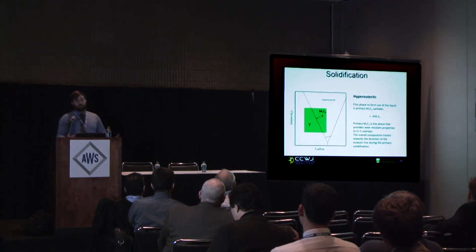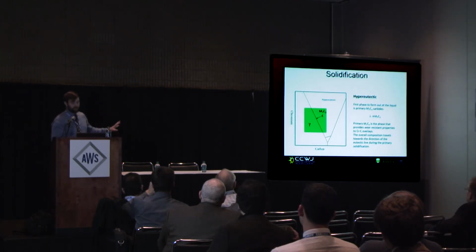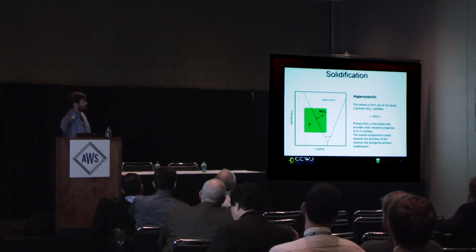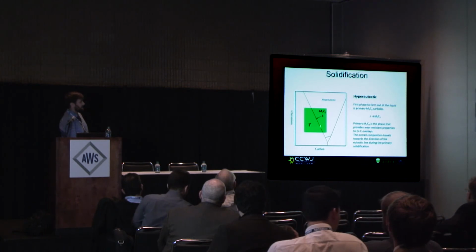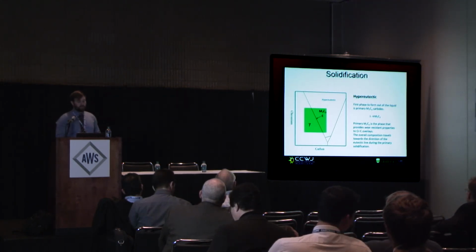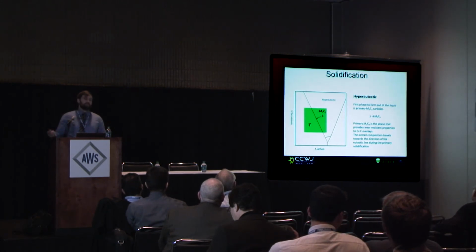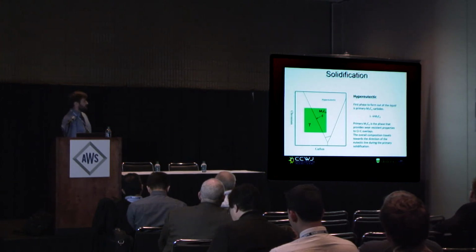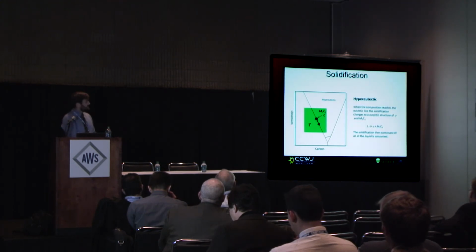This brings me to the last solidification path that I'm going to go over for chrome carbide overlays, and this is hypereutectic. In this case, you have a composition that's somewhere on the right side of the eutectic line, high in carbon and high in chromium. So you have your liquid, with M7C3 coming out of the liquid as the primary phase, and then once again the composition is traveling towards the eutectic line.